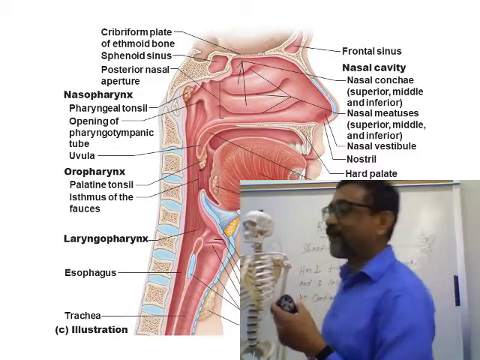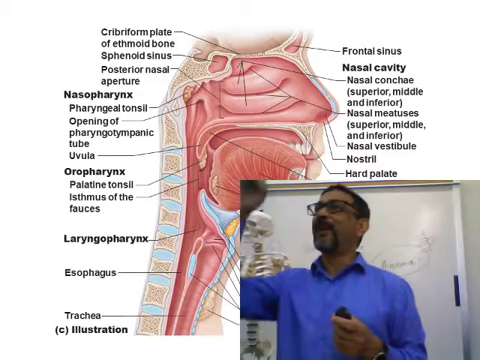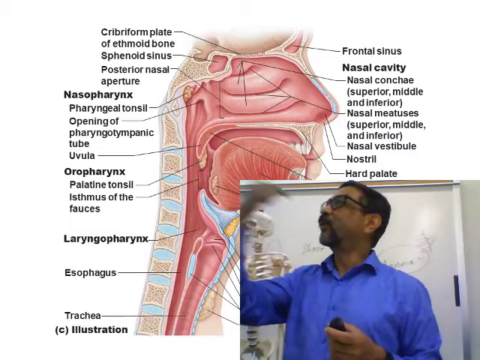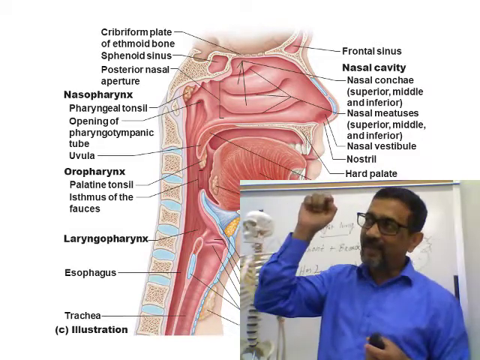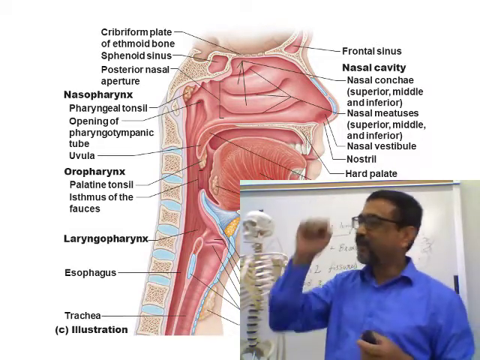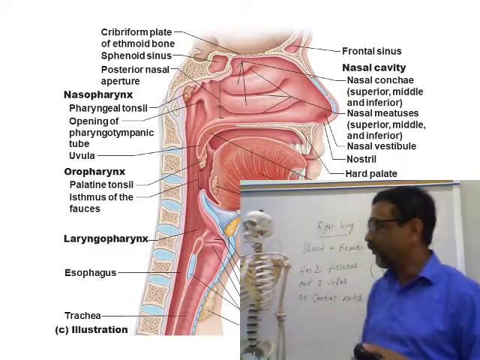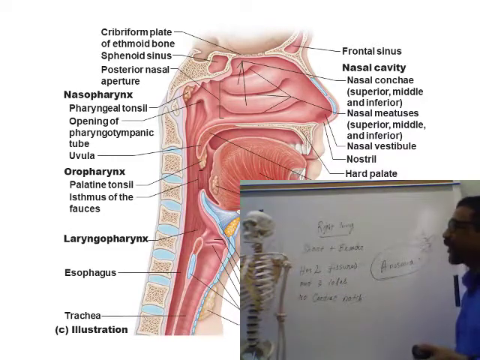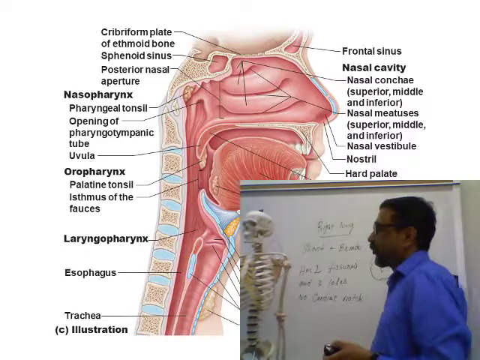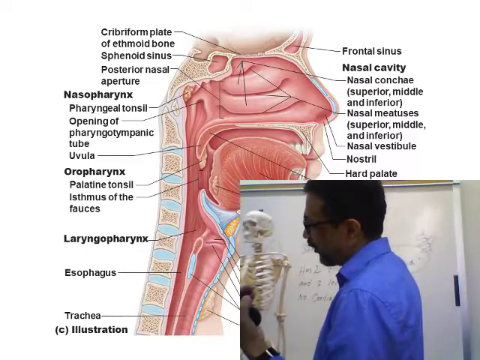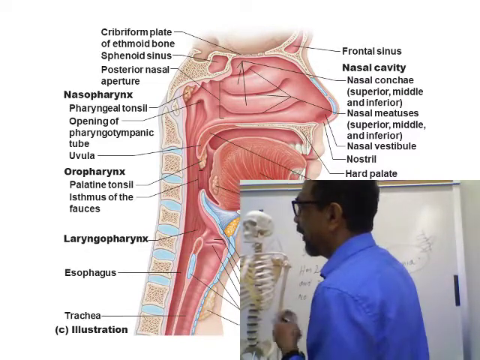That you can see if you open your mouth, open big, and look through, you can see something hanging like this. That is the uvula or end of the soft palate. So that is the floor of the nasal cavity or roof of the oral cavity or mouth. Okay.